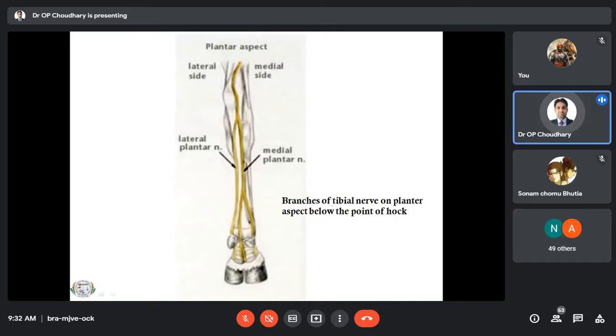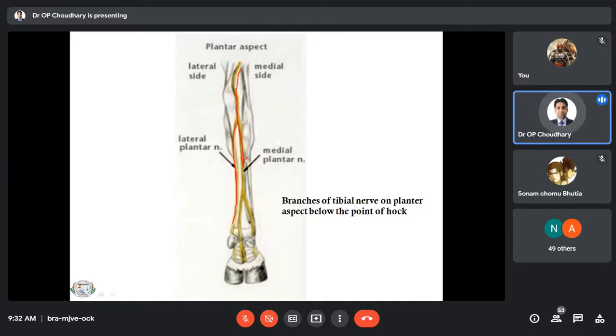So you can see the branches of the tibial nerve. There is one lateral branch, called the lateral plantar nerve, and one more branch called the medial plantar nerve.